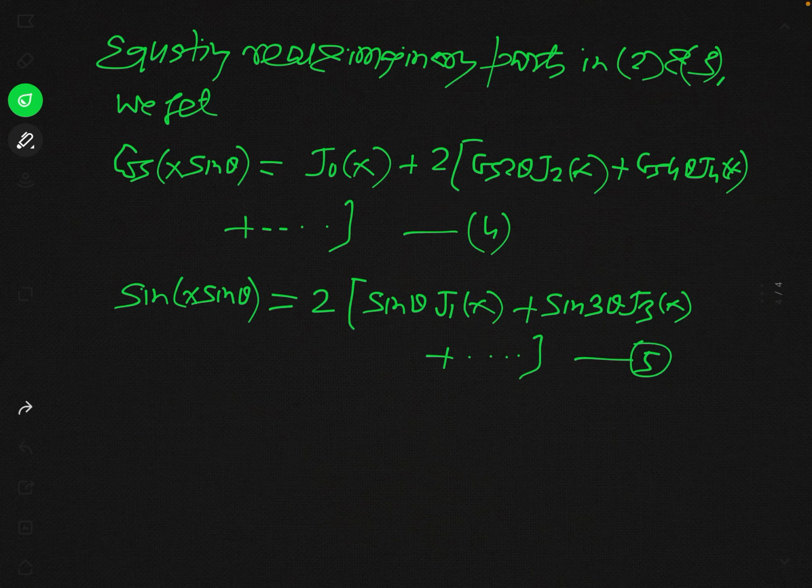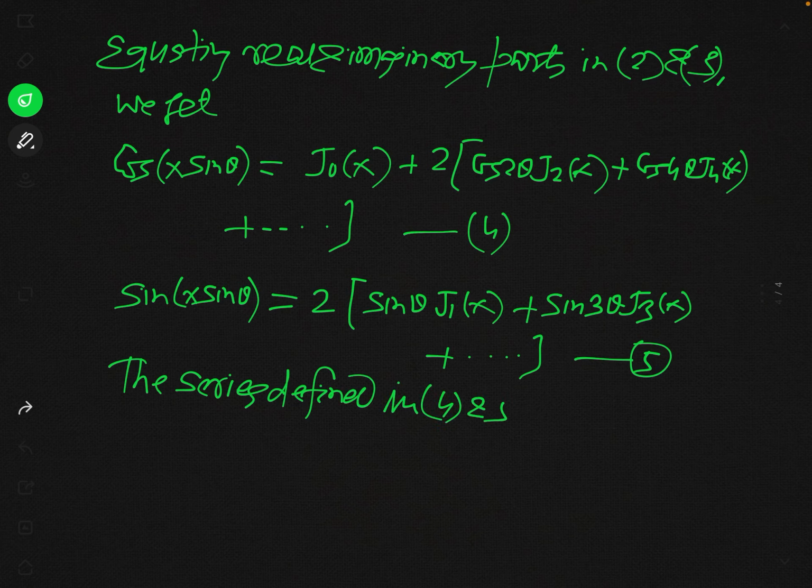So the series defined in 4 and 5 are known as Jacobi series.